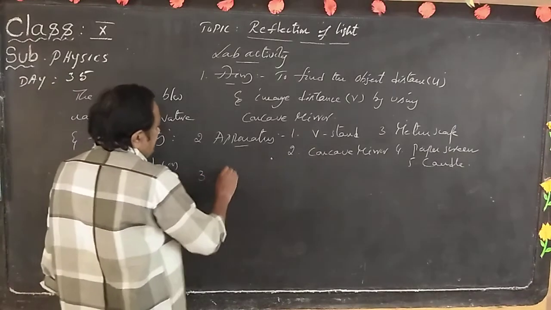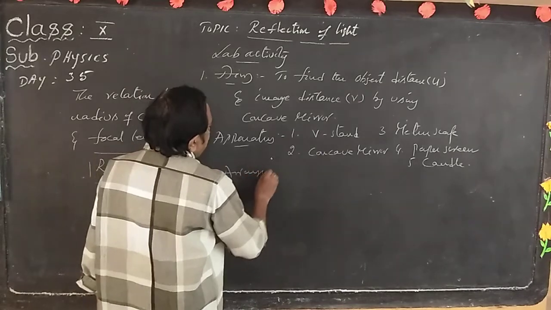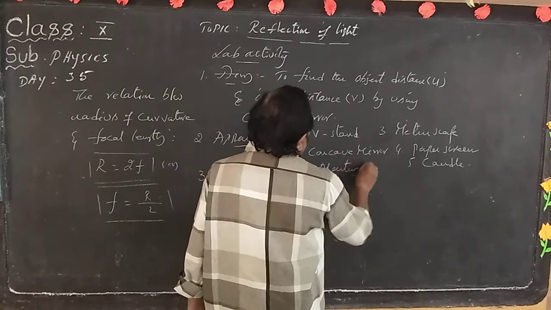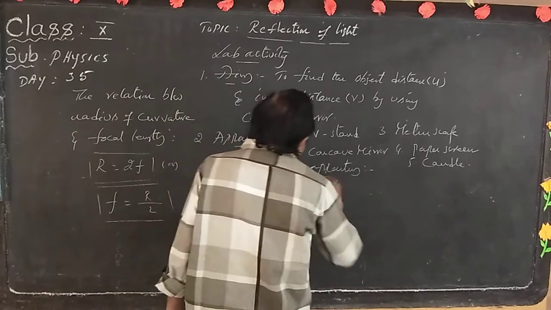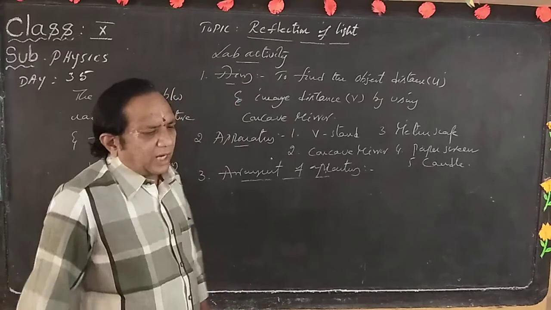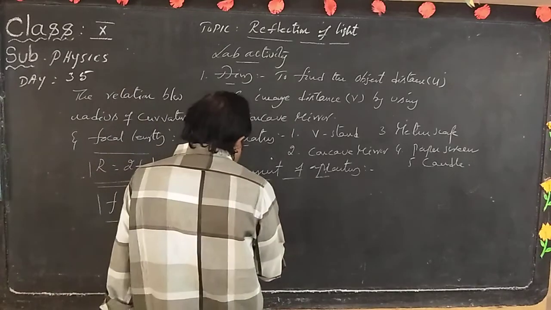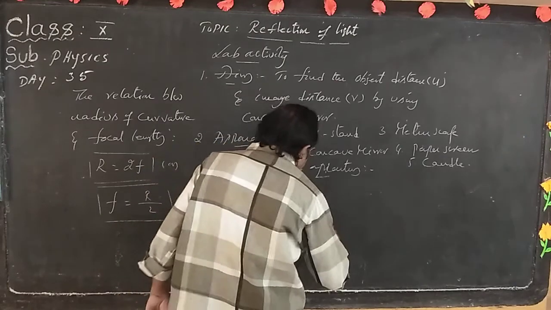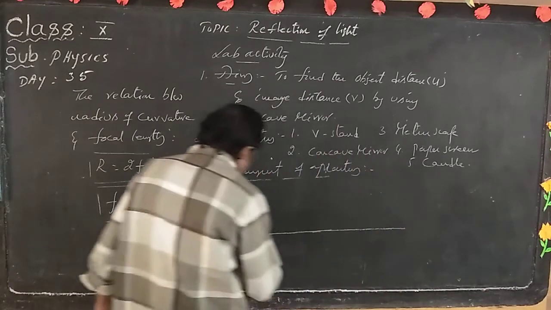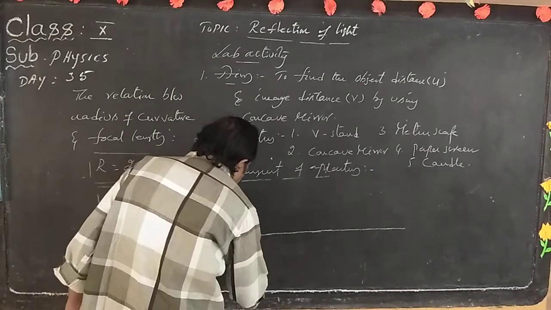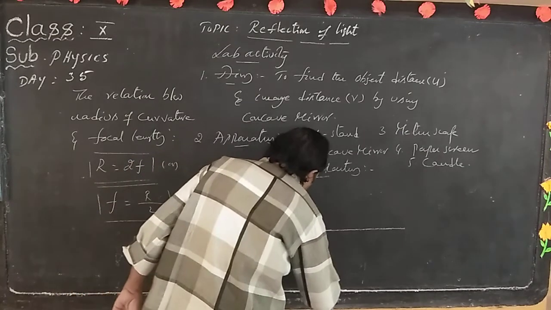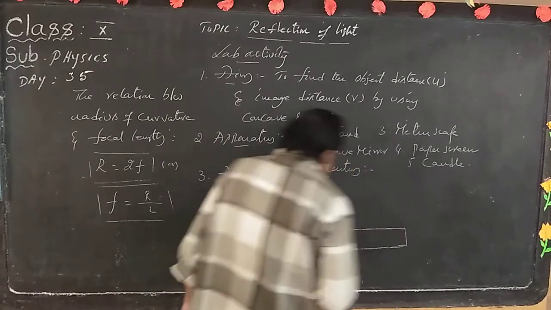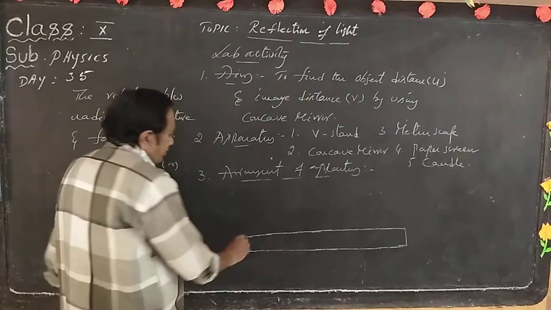Now, how to arrange this? Arrangement of apparatus. On a horizontal surface or horizontal table, I first arrange one meter scale like this. This is the meter scale.